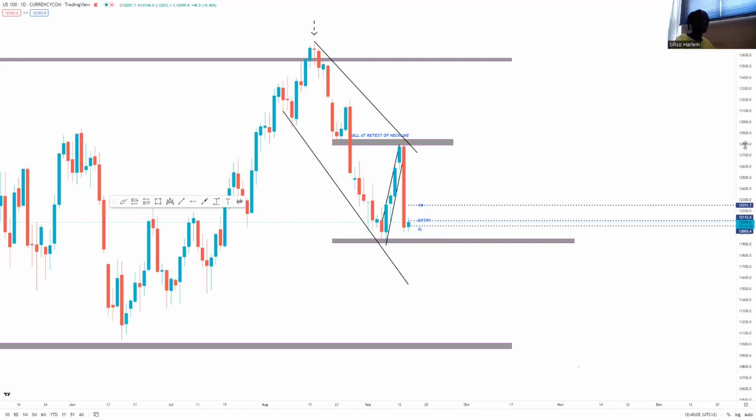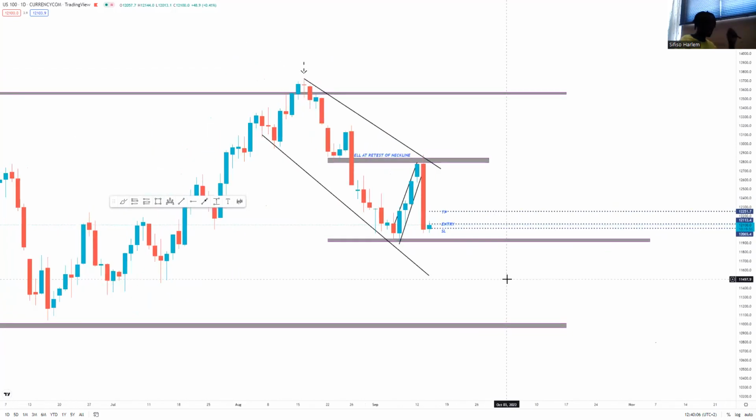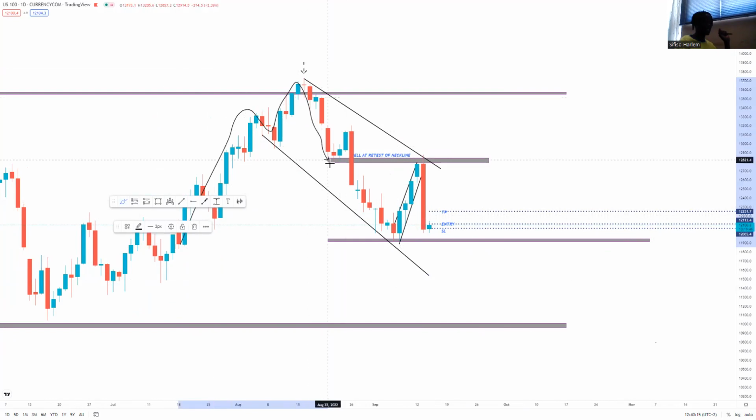So yeah, this is the NAS. Looking at the overall structure of the NAS, we all knew that we were looking for something like this. We had this level being a potential neckline, or this one. You can call it your supply.